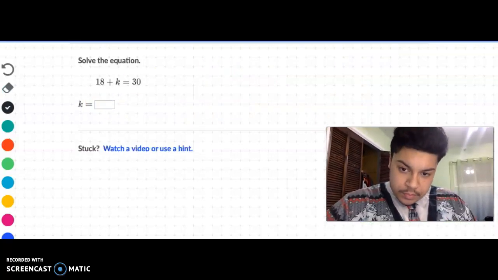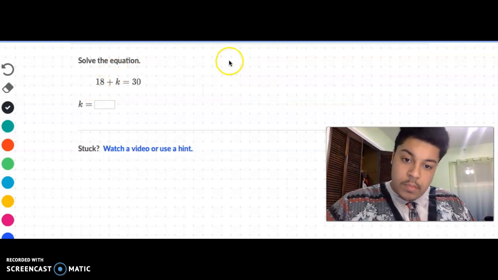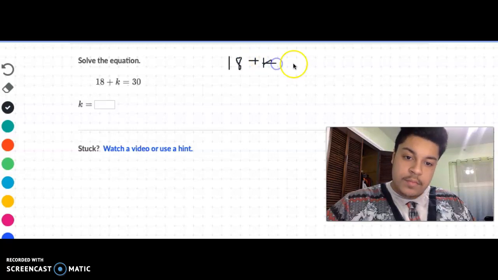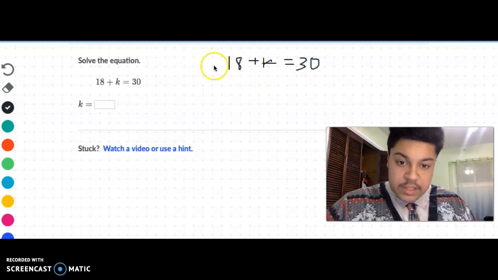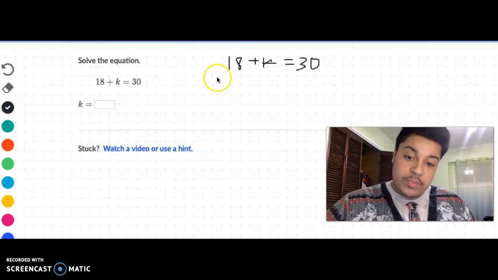Cool. Let's do some more. 18 plus k is equal to 30. This 18 is positive because there's no negative sign. So you're going to subtract 18 from this side.